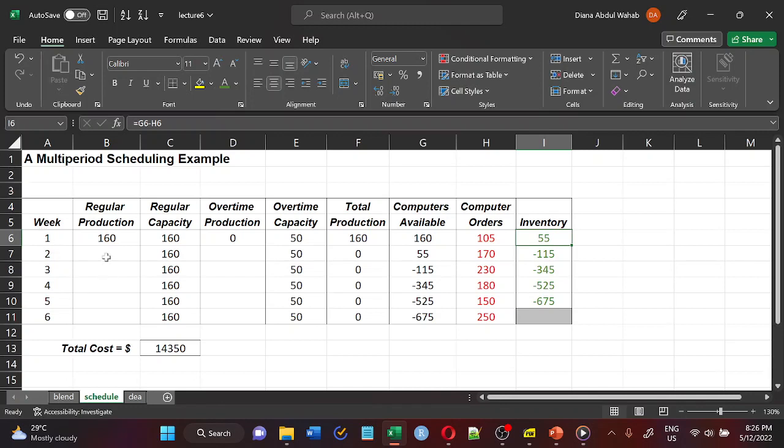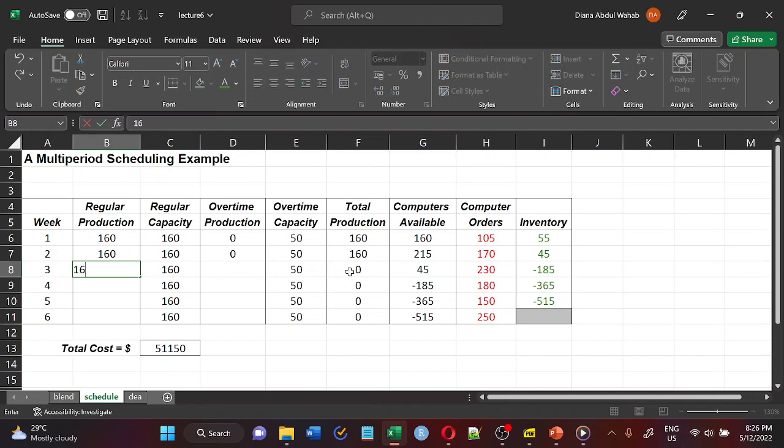So in the second week, let's say you want to produce 160, and let's say it's still zero overtime, and then because the demand is 170 over here, you have an inventory of 45.